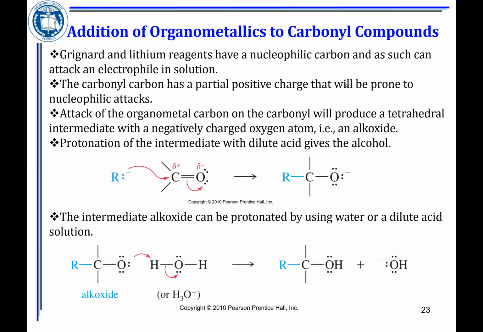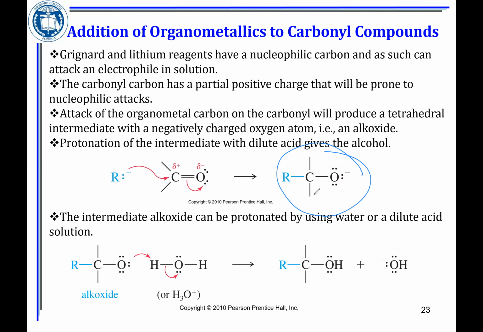So when the nucleophile from organometallic, which could be the alkyl lithium or the Grignard reagent, attacks the carbonyl group, the pi bond will break over the oxygen, and you get alkoxide. So alkoxide is an intermediate.